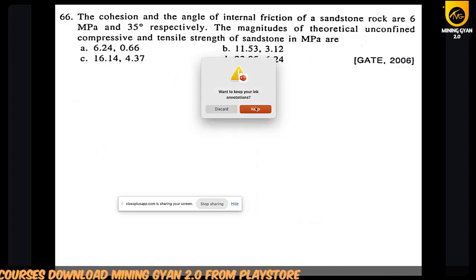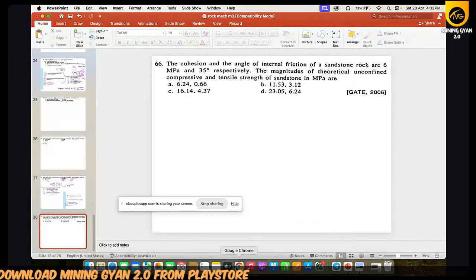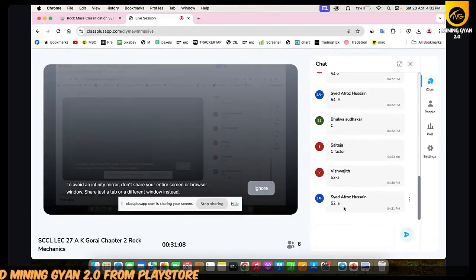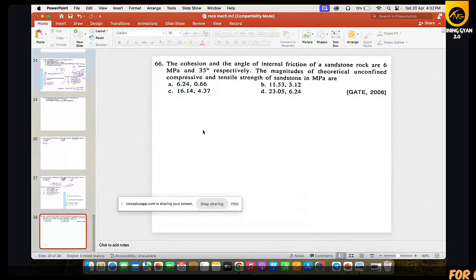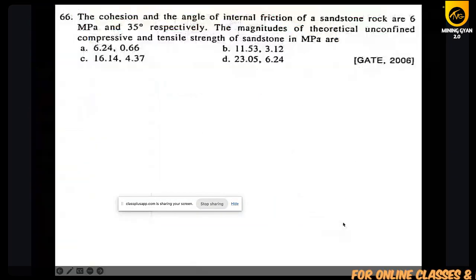Up to here, whatever questions we have discussed, if anybody has any doubt, they can comment. Now Vishwajit and Afru Hussein have given their answer, which is 152.